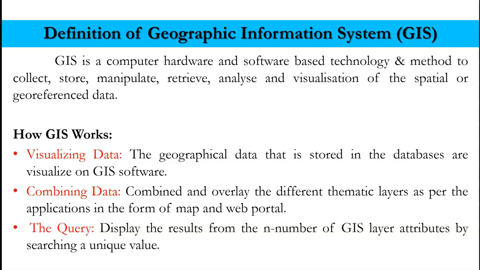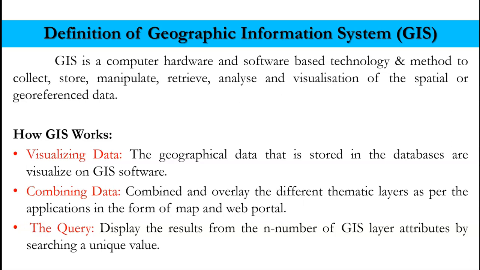How GIS works. By the definitions, we can elaborate more about how GIS works. We visualize the data, we combine the data, then we need to query the data according to our requirement. The geographical data that is stored in the databases are visualized on GIS software. Like we are going to use QGIS software, so we are going to visualize all the created data which are stored in our system as a database.